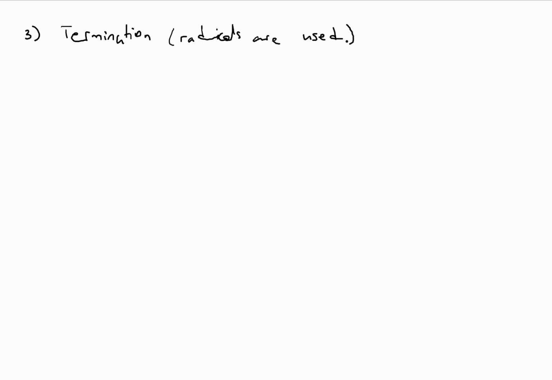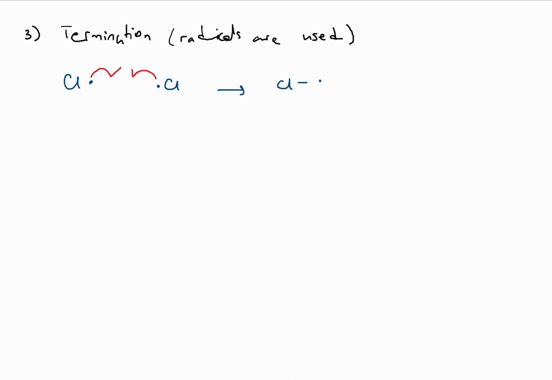In termination we have 3 reactions. First, we have 2 chlorine radicals. It's possible that these 2 chlorine radicals reform our chlorine molecule.